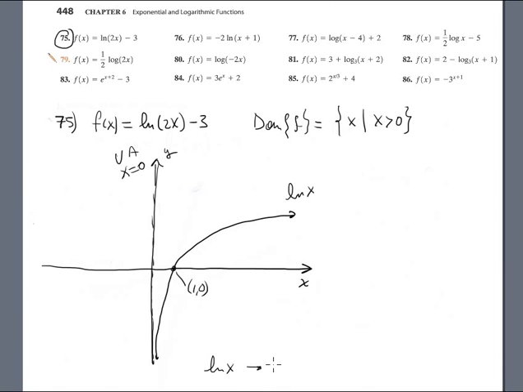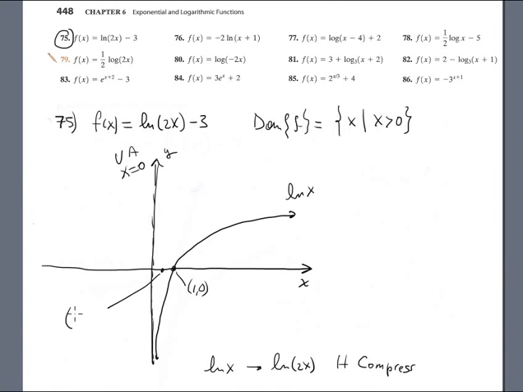Now we are doing the transformation. The transformation is ln 2x. You put the factor 2 inside the parentheses, and it's a typical horizontal compression. Why? Let me try to explain why. For example, this point is moving like that, divided by 2. Why divided by 2?